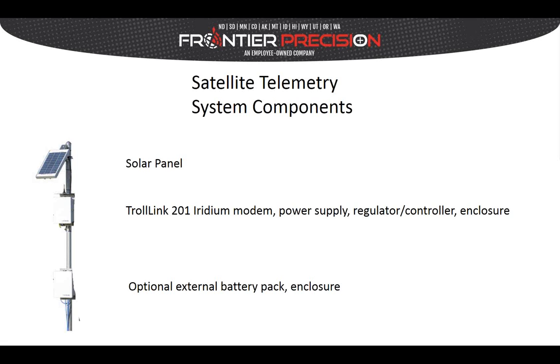For those of you that are really handy, there's really no reason why you can't find your own enclosure and put your own external batteries in there to beef the system up if you need to. So that's always an option. There's really nothing fancy about what we're doing with that external battery enclosure.